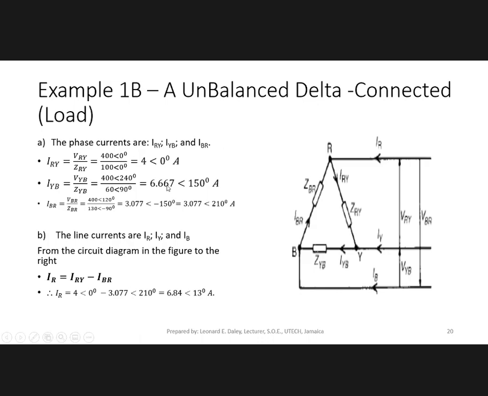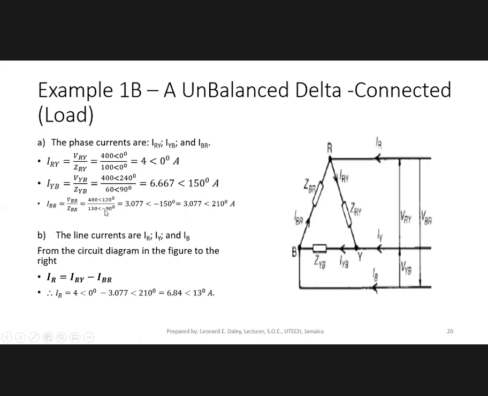And that works out to be 6.667 at angle 150. And IBR is VBR over ZBR. 400 angle 120 over 130 angle minus 90. When I put it in the calculator, I get this. But if I did just do the straight maths, I would get this, right?